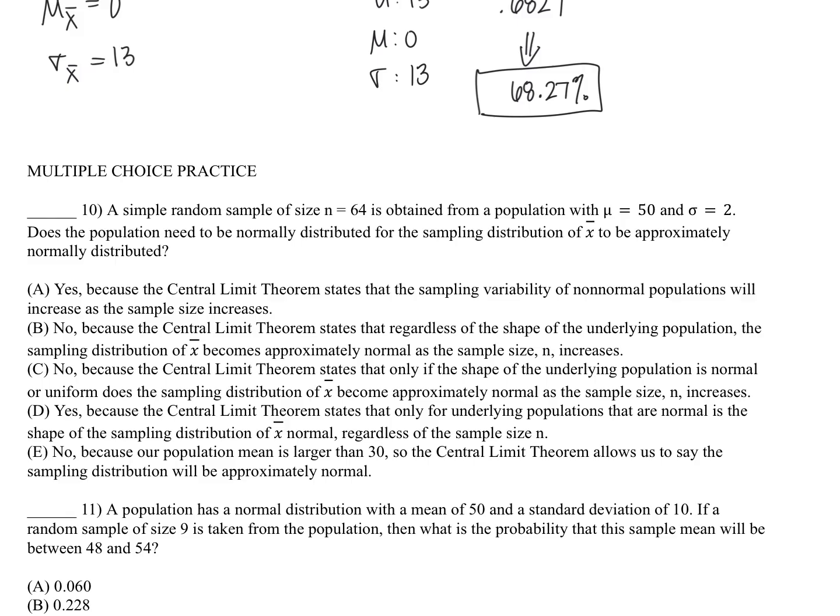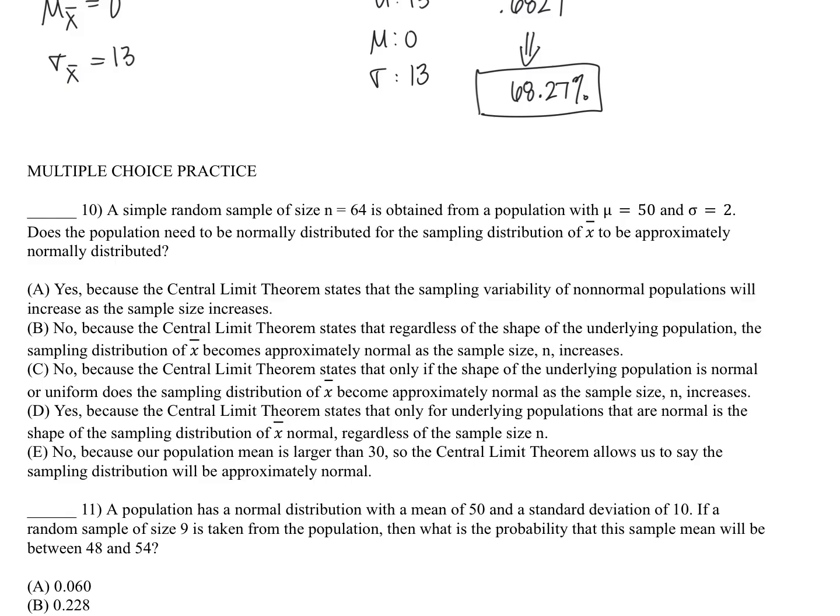So we have an SRS of size 64 from a population with a mean of 50 and a standard deviation of 2. We want to know, does the population need to be normally distributed for the sampling distribution to be normally distributed? And so the only time that the population has to be normal is if your sample size isn't bigger than 30.